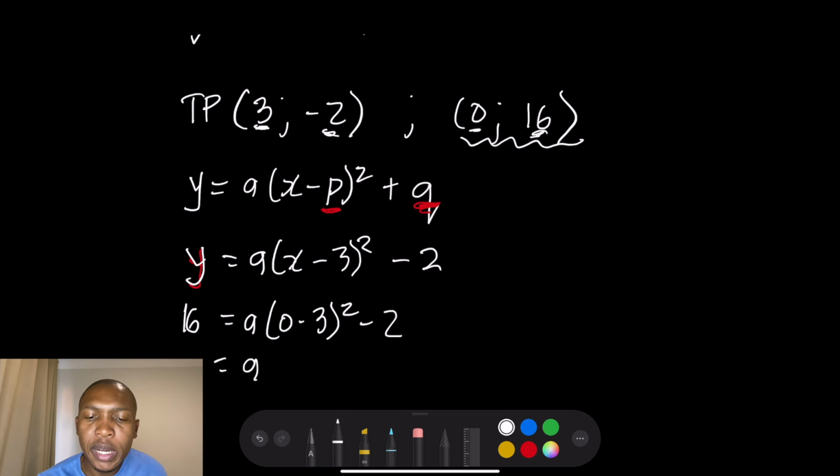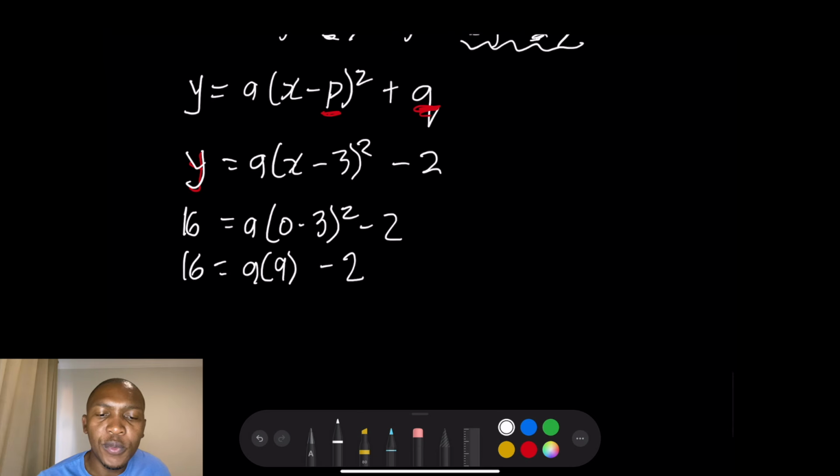Remember 0 minus 3 would give us a negative 3 all squared. That would give us 9. So we would have 9a, or a times 9 minus 2, is equal to 16. If we take 2 to the other side, it will become positive.